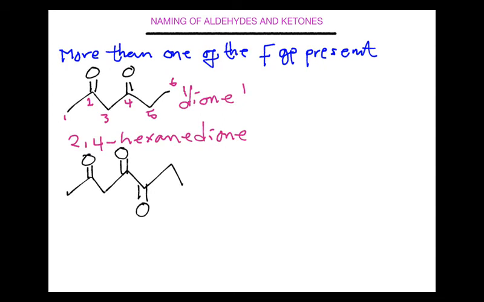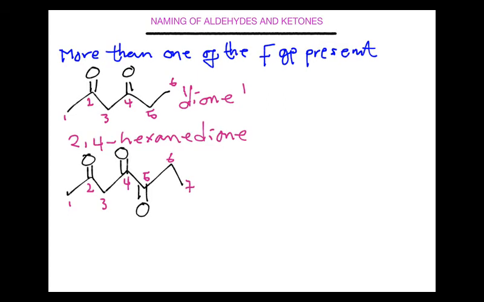Feel free to pause the video and try this out. Alright, let's name the longest chain. This is going to be 1, 2, 3, 4, 5, 6, 7. It's going to be heptane if it is an alkane. Now let's find the numbers of the oxo groups over there, which is talking about the ketone.